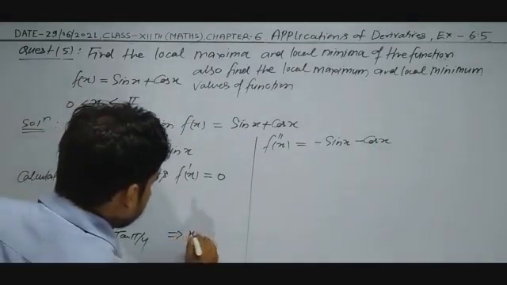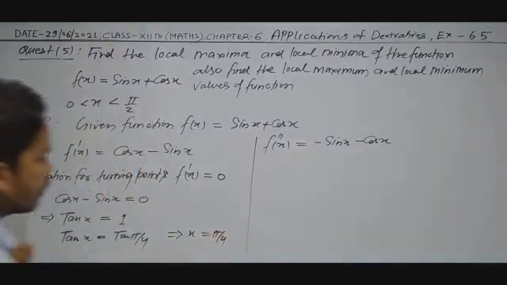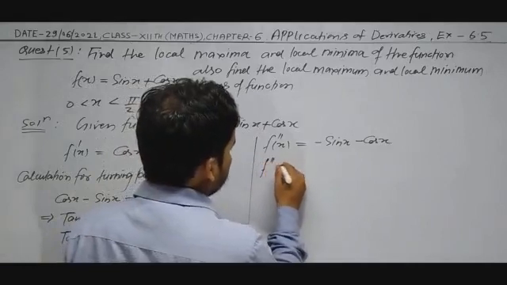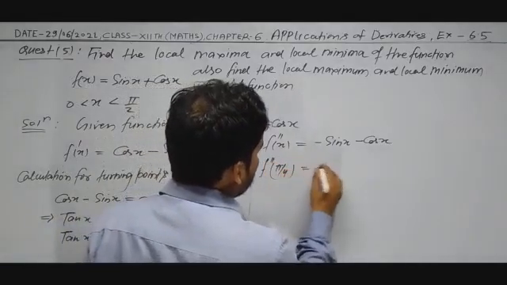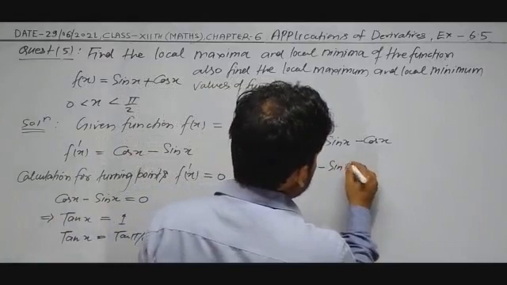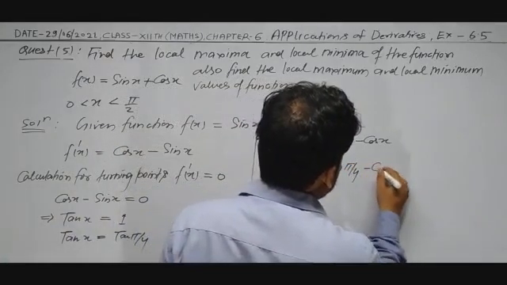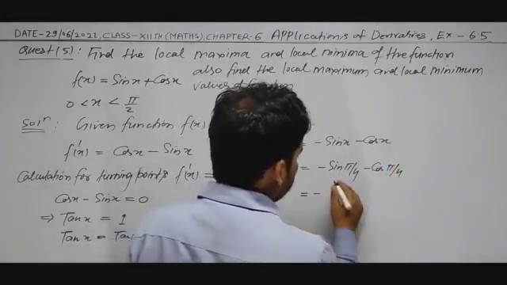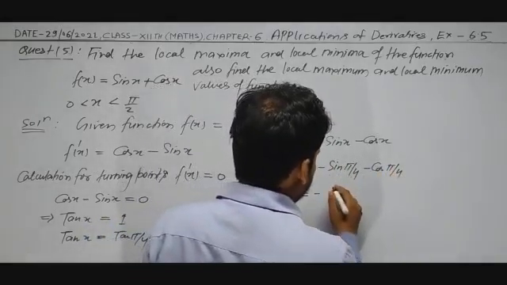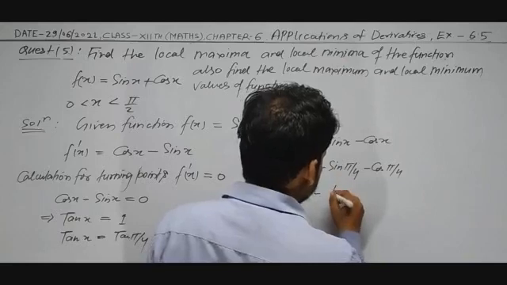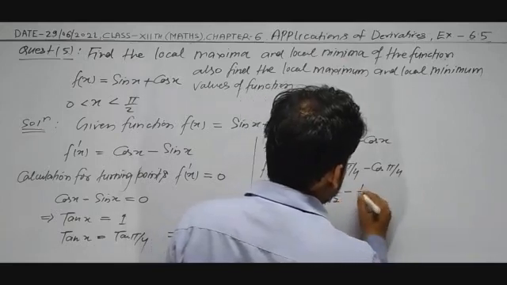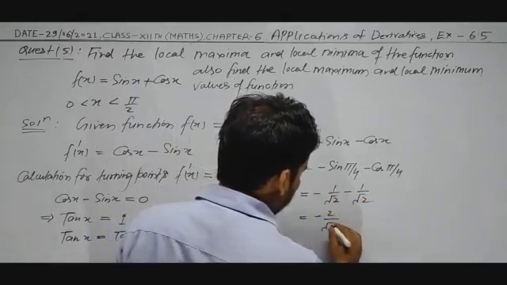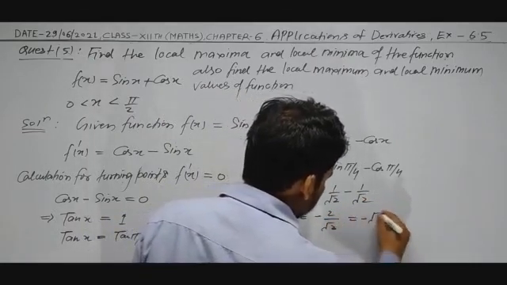So f double dash pi by 4 result will be minus sin pi by 4 minus cos pi by 4, which is minus 1 by root 2 minus 1 by root 2. The result is minus 2 by root 2, which is minus root 2.